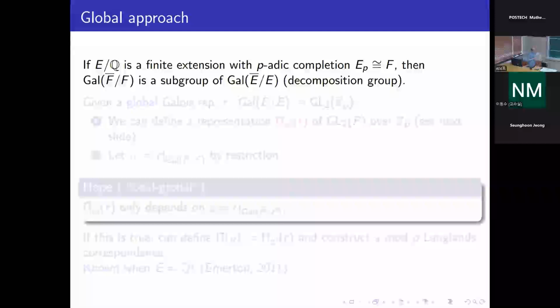So we're kind of stuck trying to do this by hand, but there's a different approach. Namely, kind of like in the previous slide where I talked about the comparison of two kinds of Langlands correspondence by restriction, we can try to do a similar kind of thing here.